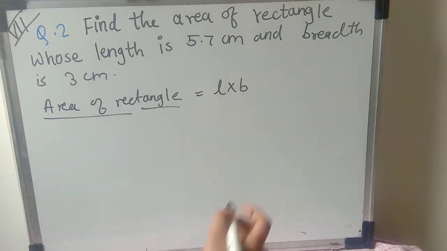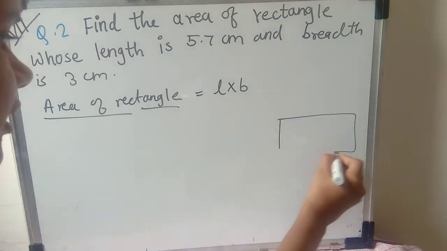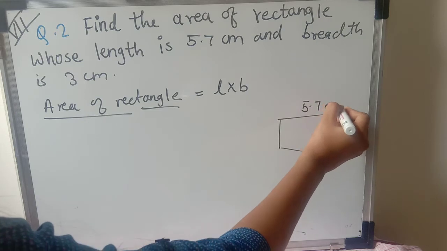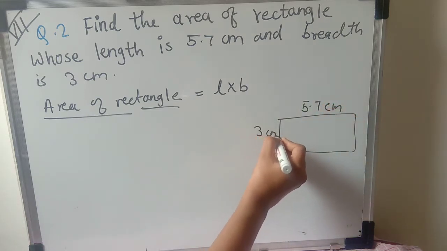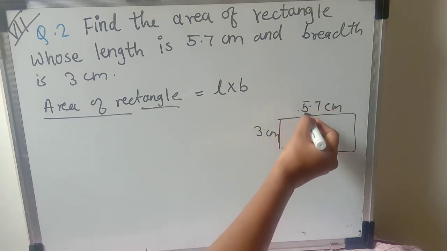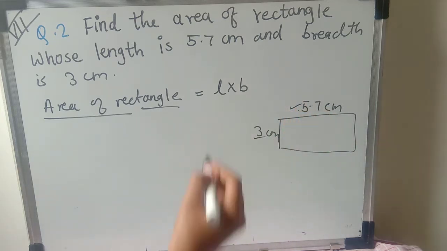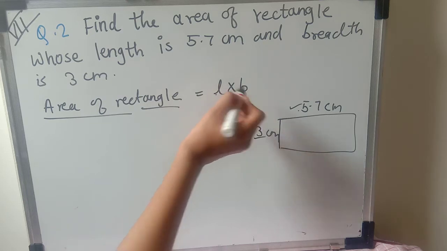What they have said is, there is a rectangle. The length of the rectangle is 5.7 centimeter and the breadth is 3 centimeter. So this number is in decimal form and this is the whole number. What we have to do is multiply the length with the breadth.